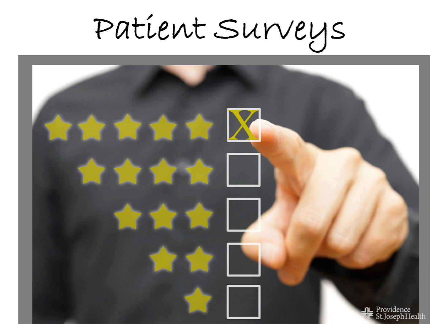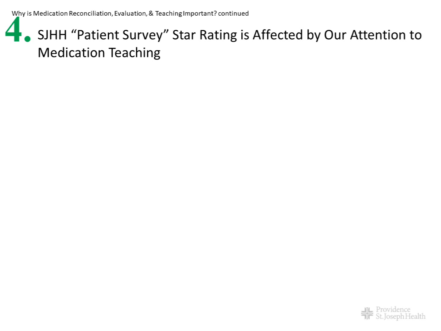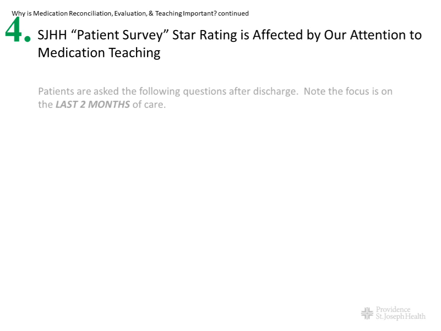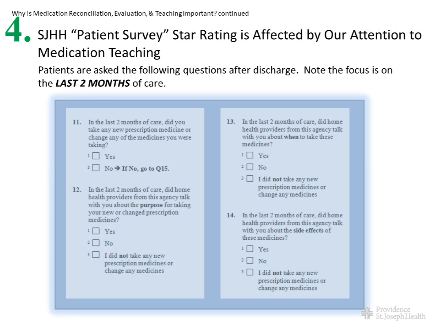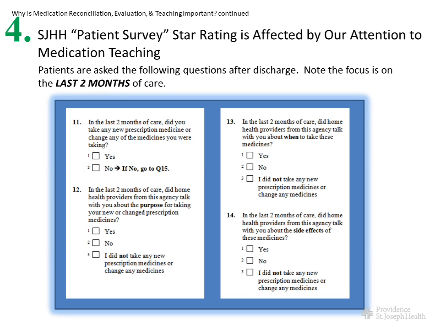Let's look at how medication affects our patient surveys. Reason number 4. St. Joe's Home Health Patient Survey Star Rating is affected by our attention to medication teaching. Patients are asked the following questions after discharge. Note the focus is on the last 2 months of care. Question 11 asks about any new or changed medications.